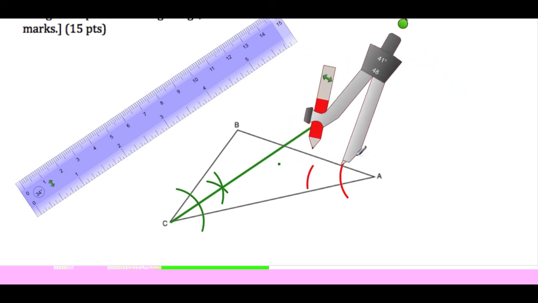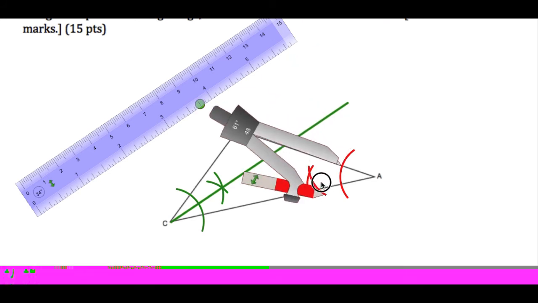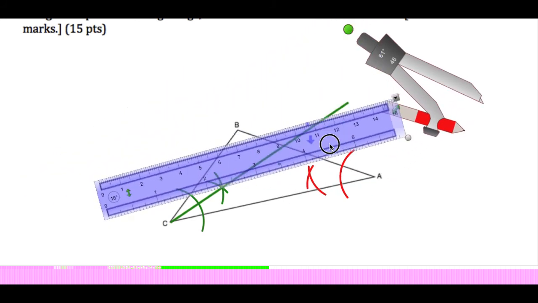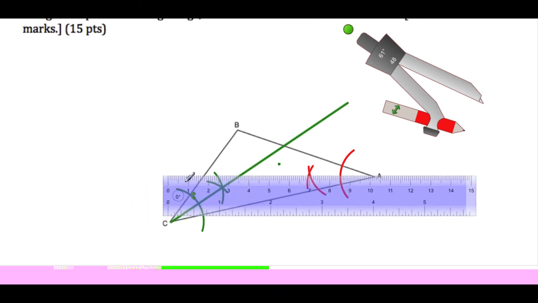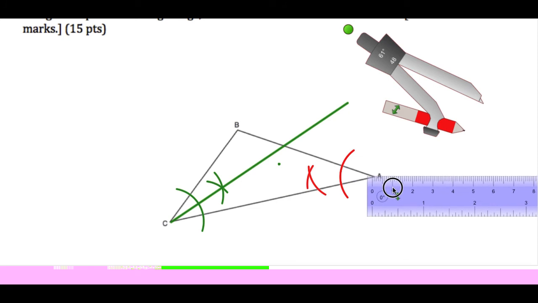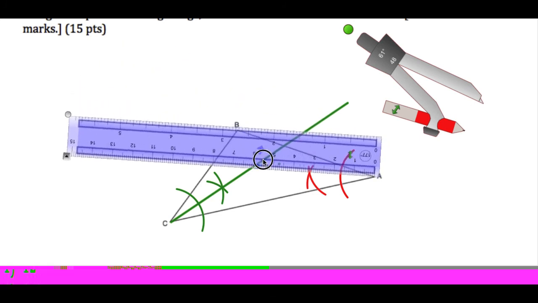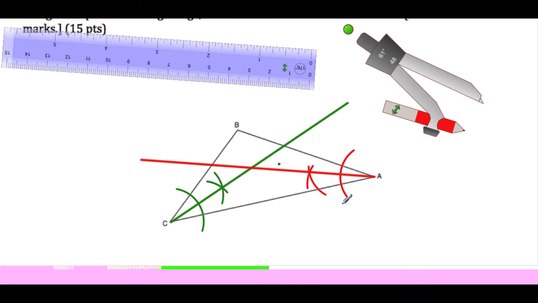Go to the intersection and draw another arc. Now then, just like before, all we have to do is connect the vertex and then the intersection. All right, so that's how we can answer this question.